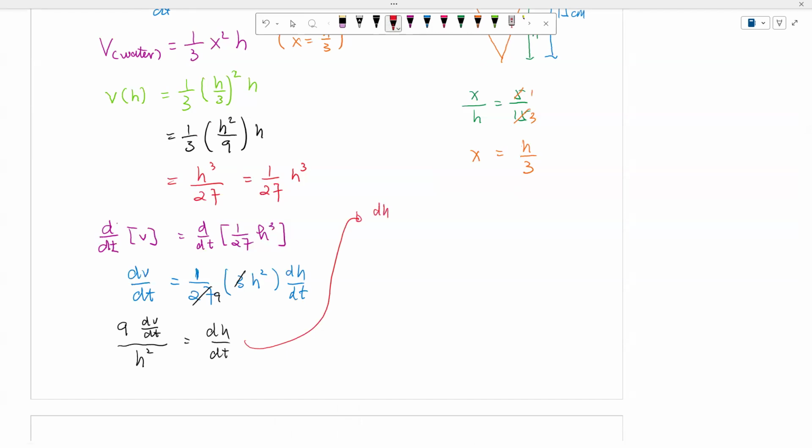So I have dh/dt evaluated at dV/dt equal to 65 cubic centimeters per second, and h is equal to 10 cm, which is equal to 9 times 65 over 10 squared.